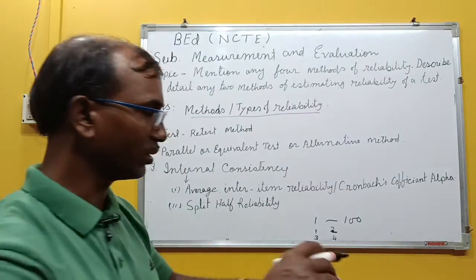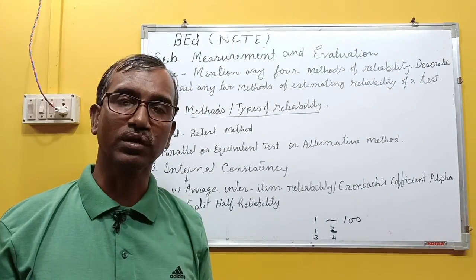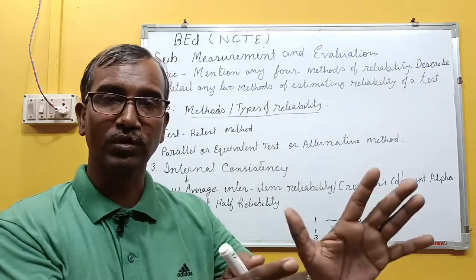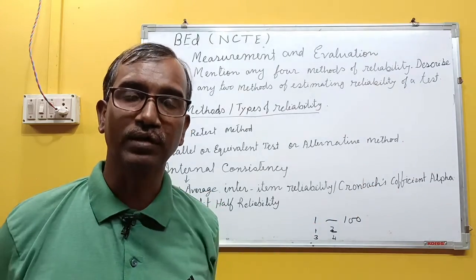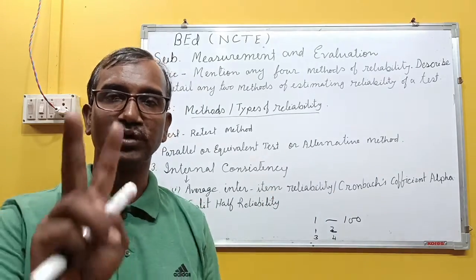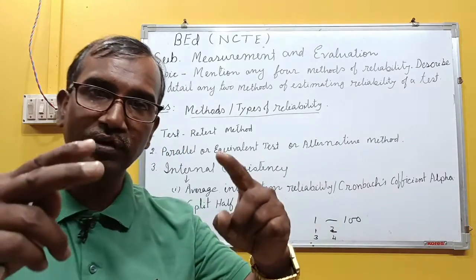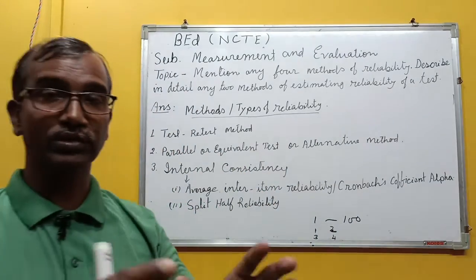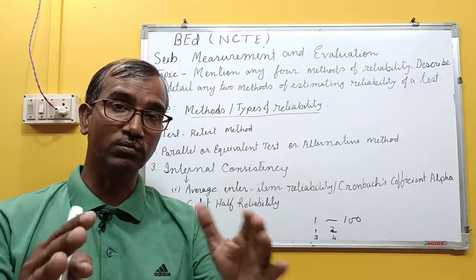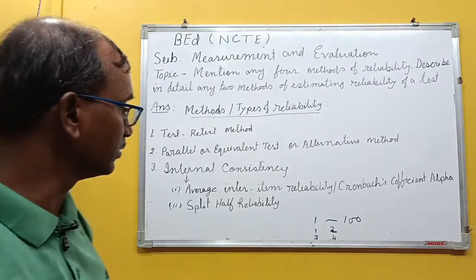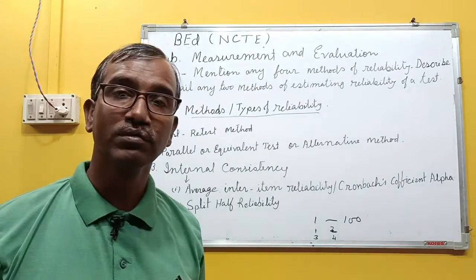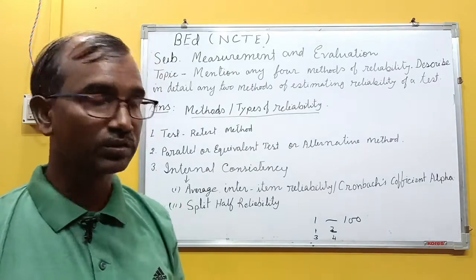In this way we may divide the 100 questions into two separate sheets, and in this way we get two tests. After administering the two tests on the same group, if we find the coefficient of correlation of the scores, we can see the reliability level of the test.